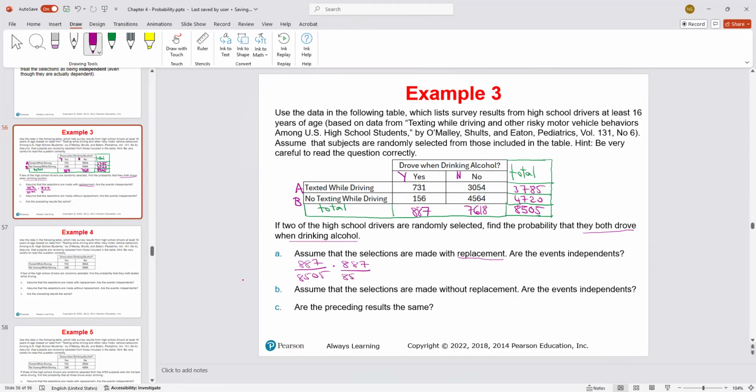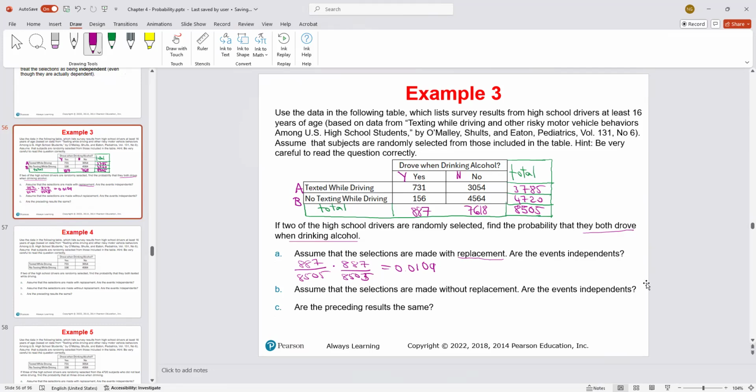They happen in sequence, but you use it like this. You multiply these two probabilities. If you simplify, it gives you 0.0109. So these events are really independent because you do it with replacement; there is no problem.